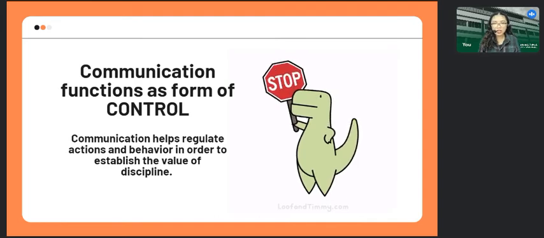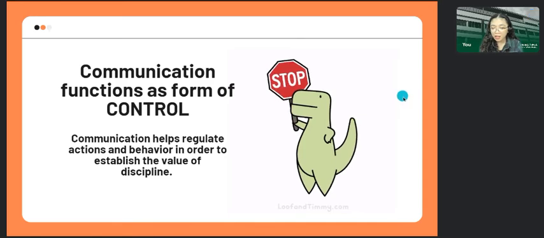In communication, the function as form of control, you are controlling someone, you are controlling numbers of people. You are giving them instruction for them to follow. Okay, so next, another example, enforcer, 'di ba? Nire-regulate niya or gina-guide niya yung mga taong tatawid sa pedestrian lane. Okay? So that's an example for this function of communication.